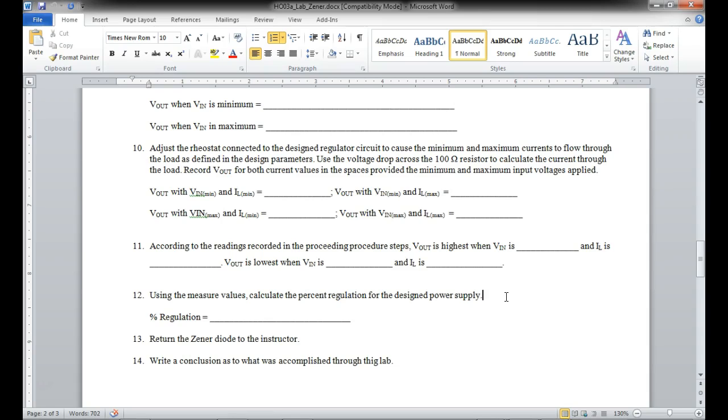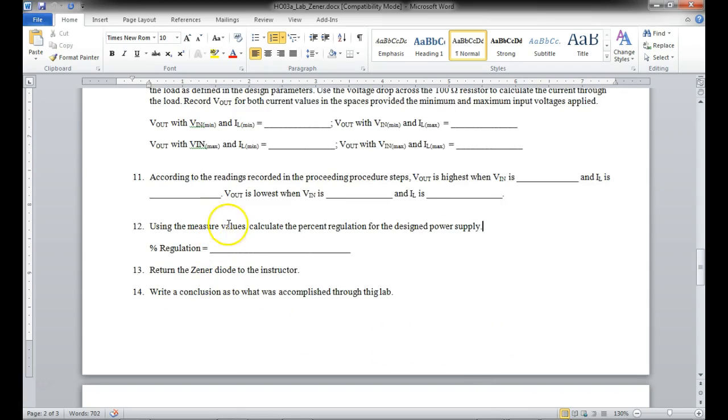And we're going to come up here and see what's going on, right? And then using the measured values, calculate the percent regulation. Y'all understand how to do that now? Right? Big over little. Big minus little.